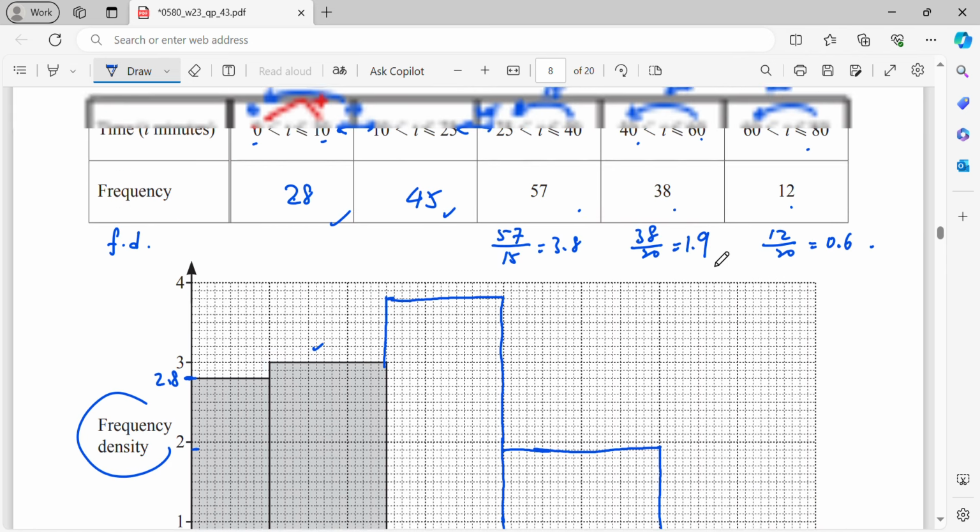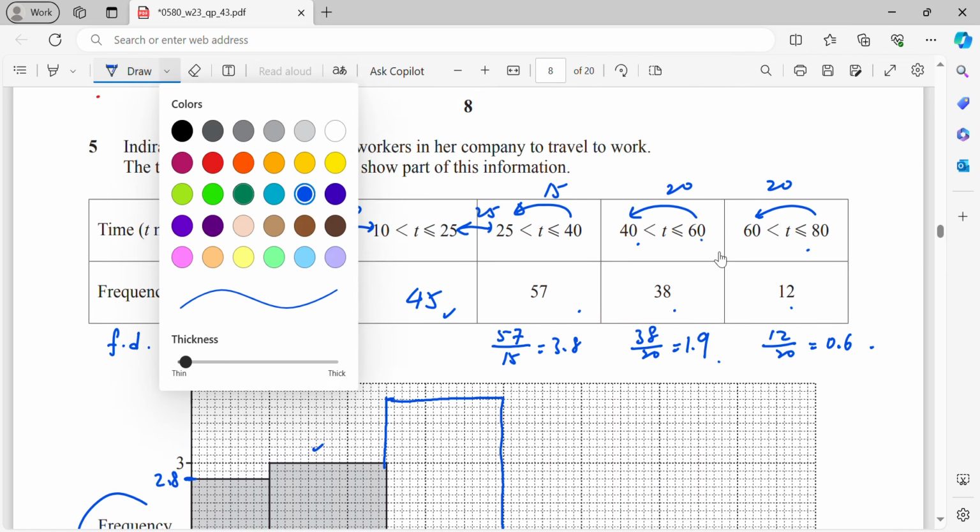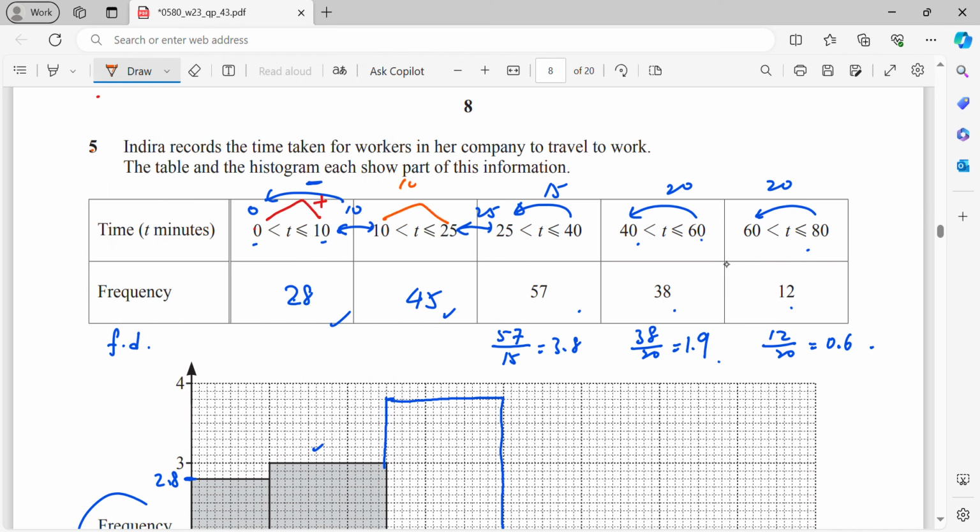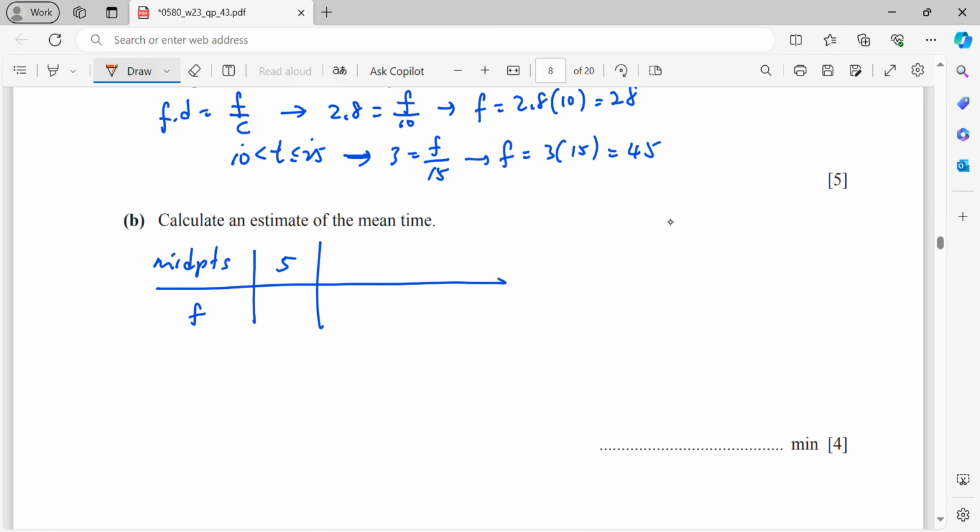The next one is 10 plus 25 divided by 2, which is 17.5. Use this method to get all the midpoints, and then I will rewrite the frequencies: 28, then 45. I write down all the frequencies first. Then my midpoints will be 17.5, 32.5, 50, followed by 70.